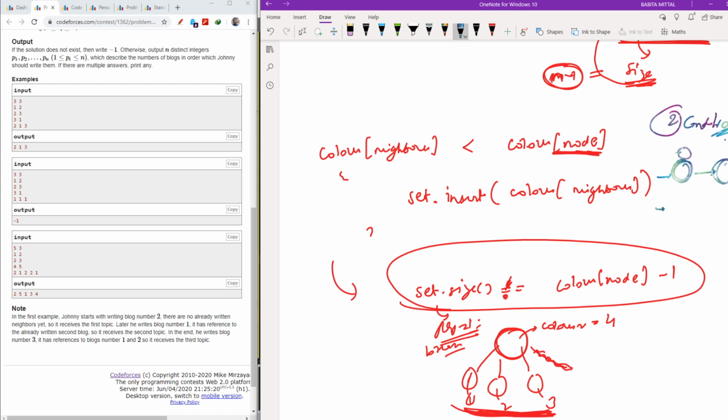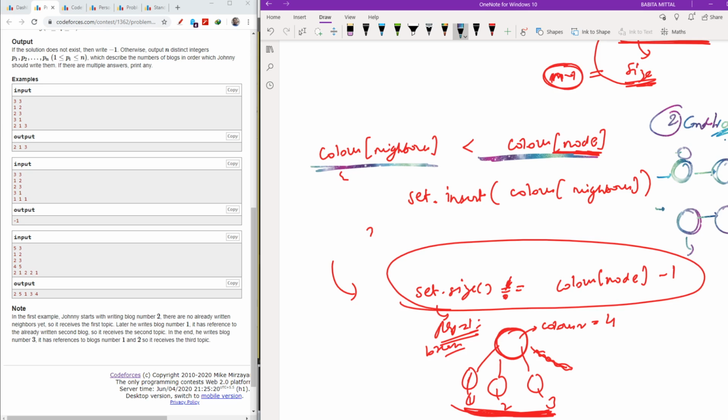And next, my condition is that if I have a node and a neighbor node, I will iterate over all its neighbors, and first of all, the color of the neighbor should be less than the node.